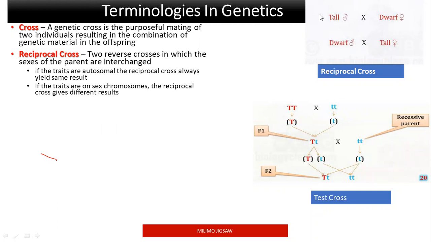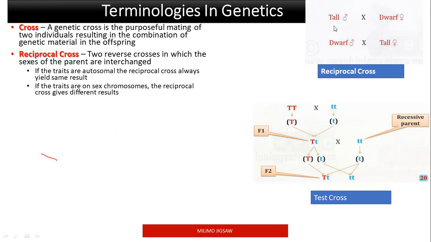So for example, we have a tall individual there. That sign there is for a male. And then we have a dwarf female. So we have a tall male being crossed with a dwarf female.